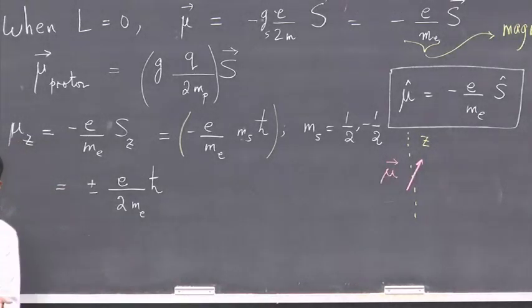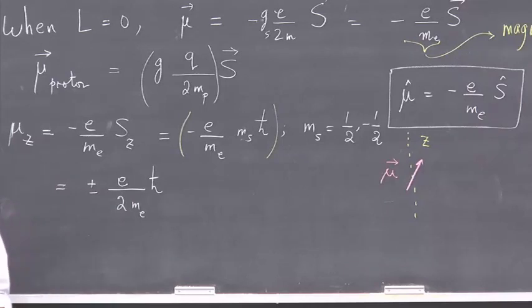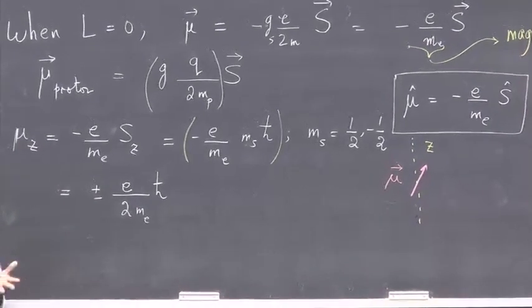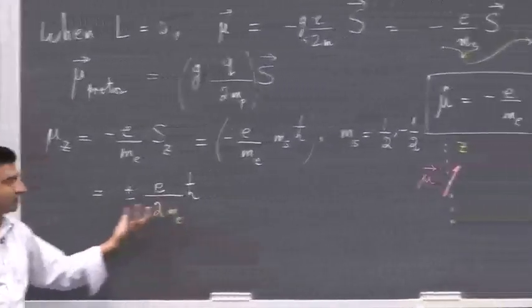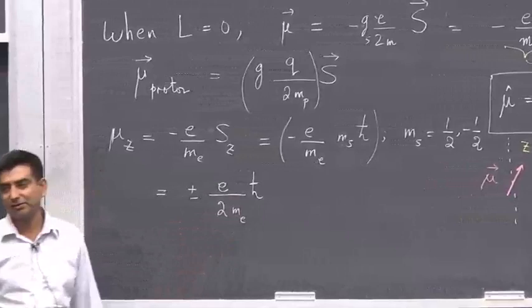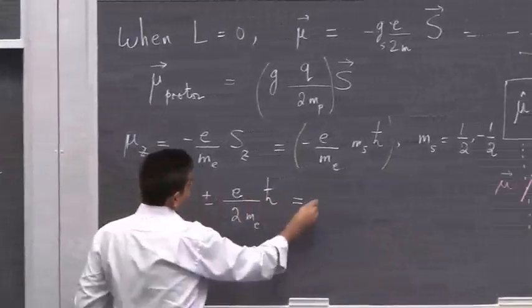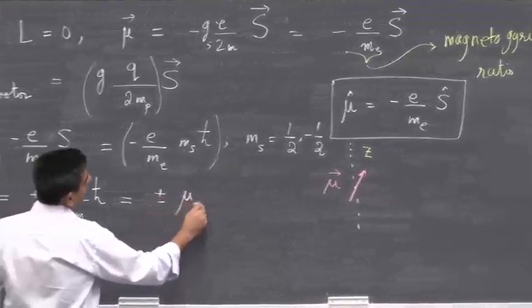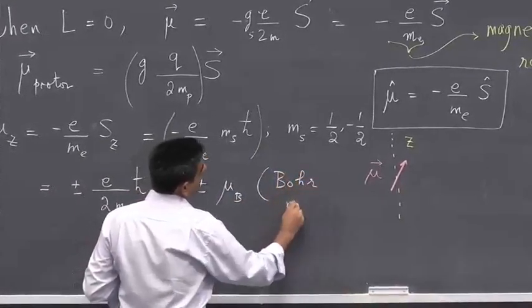So whenever you measure the magnetic moment of a single, isolated electron, not interacting with anything else, about an axis, you can only get two values. It's quantized. Now all of these are fundamental constants, and this constant is called the Bohr magneton.